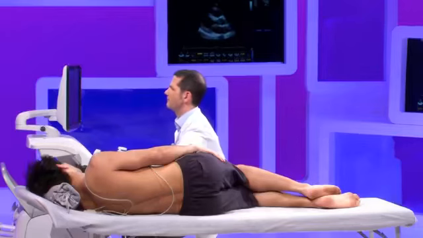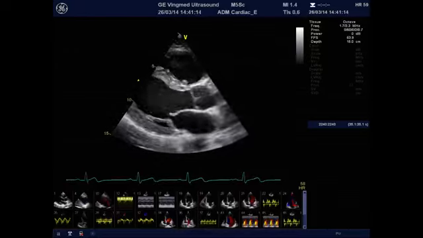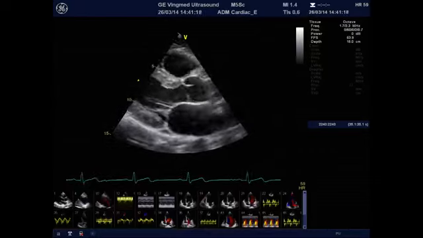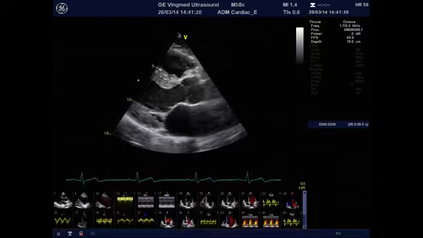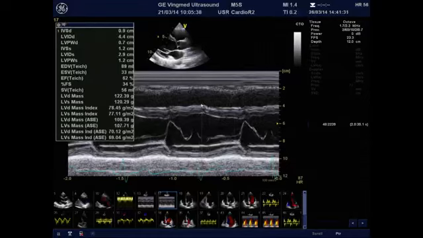We will start by doing a parasternal view and looking at the thickness of the LV walls and of the cavity, because this will allow us to calculate left ventricular mass based on the thickness of the walls of the left ventricle and on the diameter of its cavity.